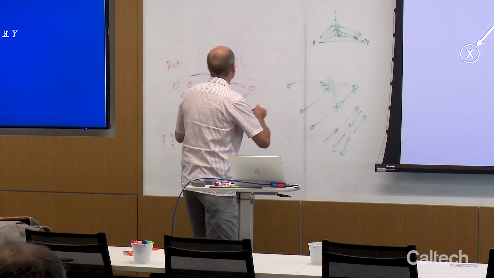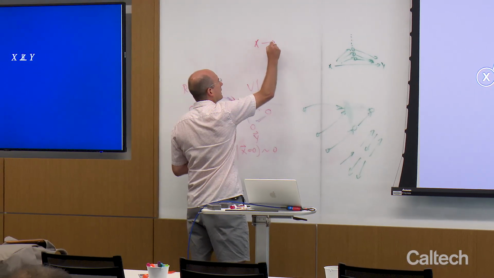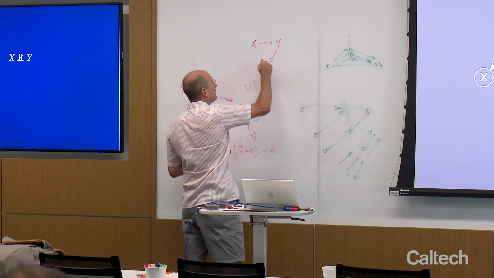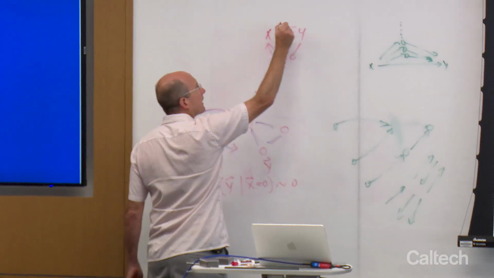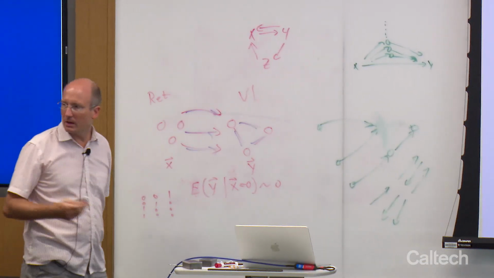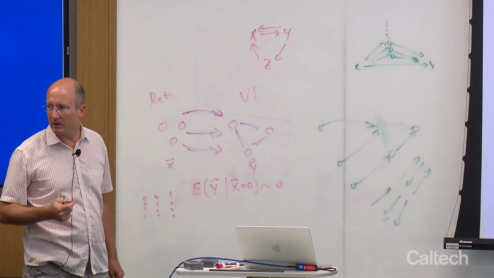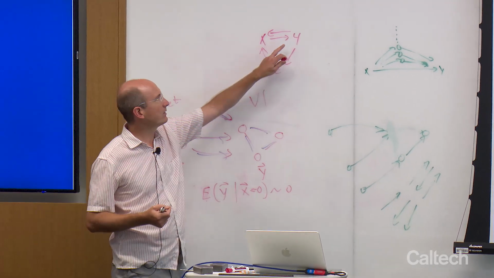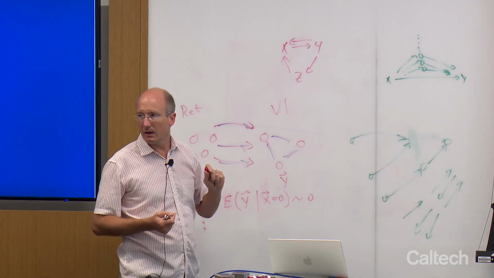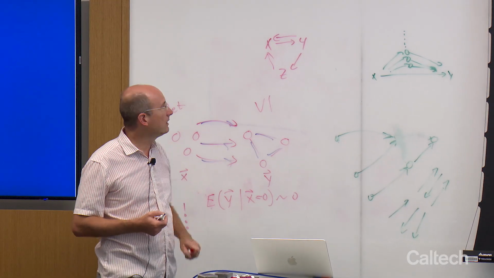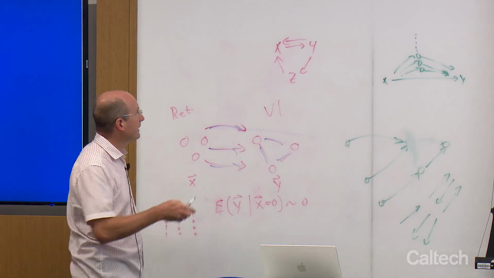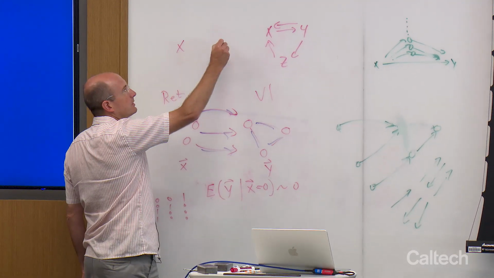So x to y to z to x, that would be a cycle. But of course, if x and y just cause each other, that's the bidirectional one. I take it that what you mean is that here x causes y and y causes x. That's also disallowed by acyclicity. You said bidirectional arrows. I'm just going to mention it here.